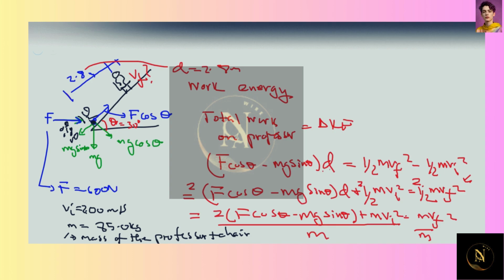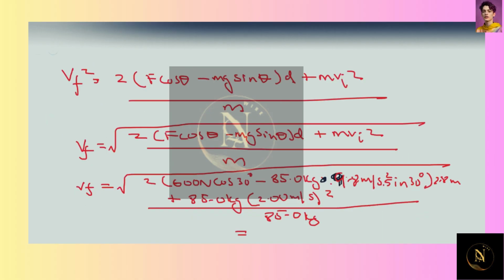So we gotta clarify that. This displacement is 2.5, not 2.8. I don't know how we got 2.8 right there. So we have to come back and rectify that. The displacement happens to be this one. So we have to get 2.5 there, 2.5 meters.